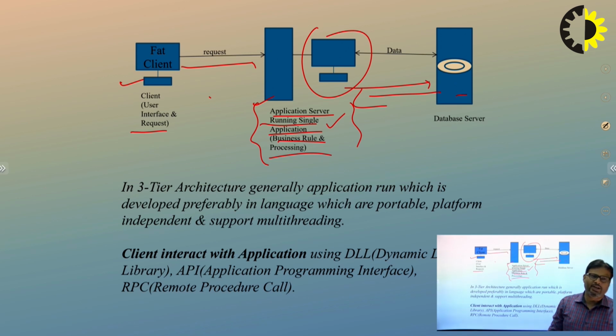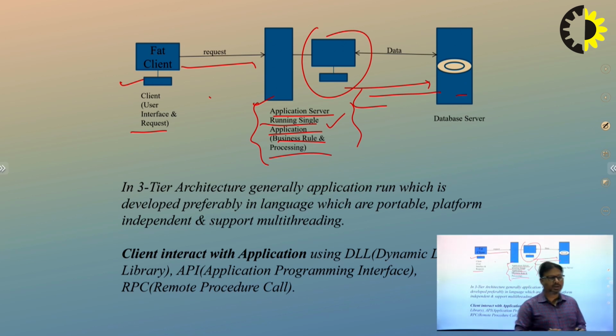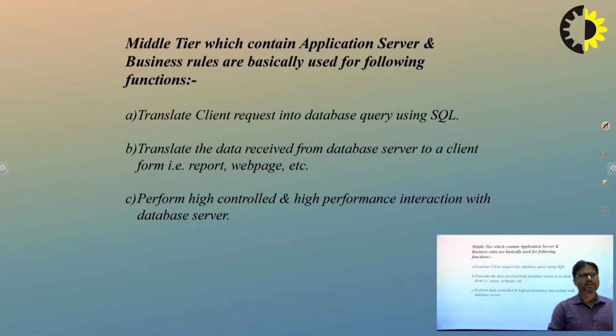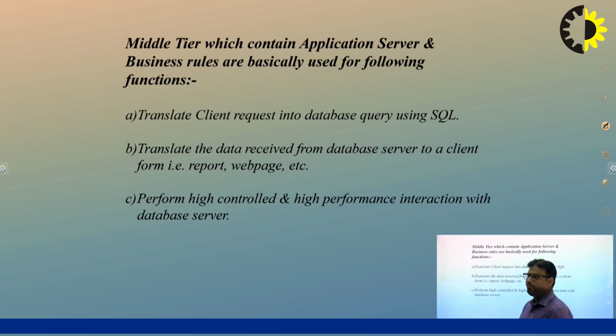In three-tier architecture, the application is generally developed preferably in a language which is portable, platform independent, and supports multi-threading. The client interacts with the application using dynamic link libraries, application programming interfaces, and also remote procedure calls. Then the middle tier, within a contained application server, has business rules basically used for the following functions.